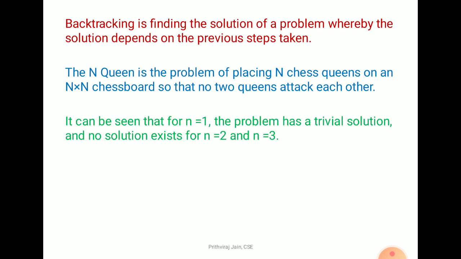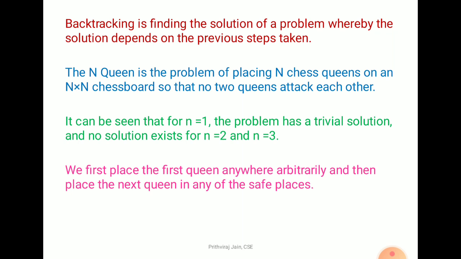It can be seen that for n equal to 1, the problem has a trivial solution because in a 1 cross 1 matrix we can place only one queen, and there is no solution for n equal to 2 and n equal to 3. For a 2 cross 2 or 3 cross 3 chessboard, we can't place the queens in safe positions.